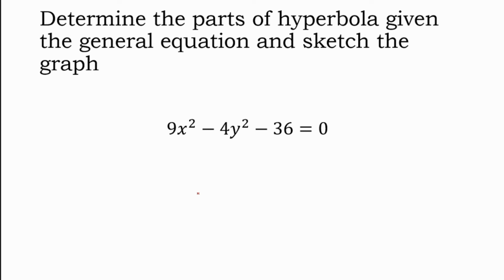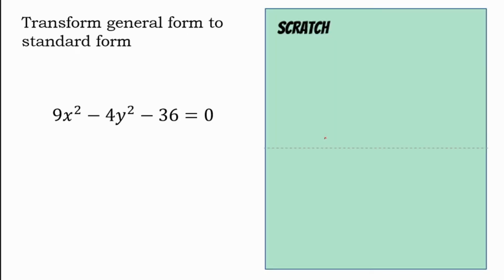Determine the parts of hyperbola given the general equation and sketch the graph. This is our given general equation: 9x squared minus 4y squared minus 36 equals 0. To begin, we're going to transform the general form to standard form.